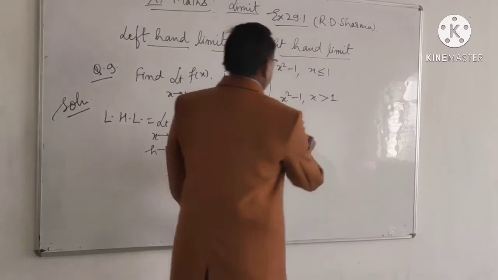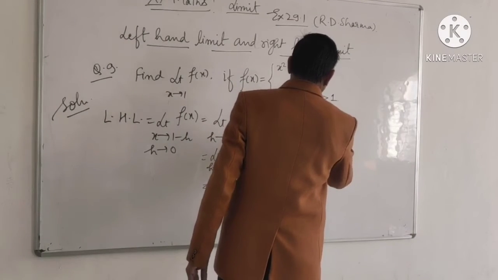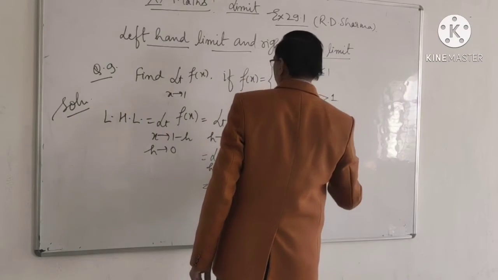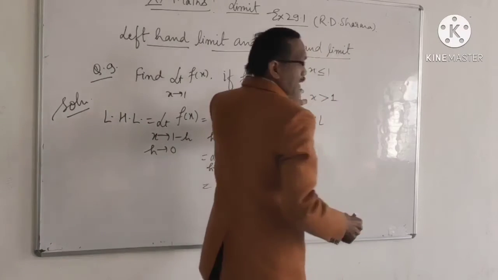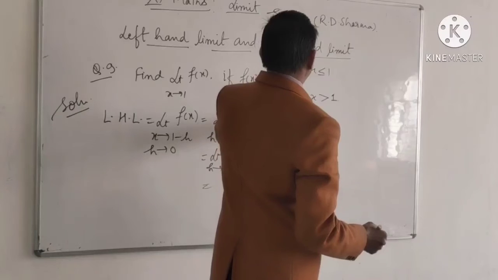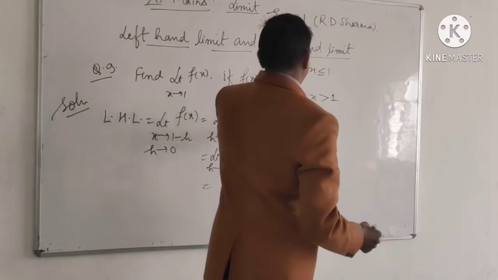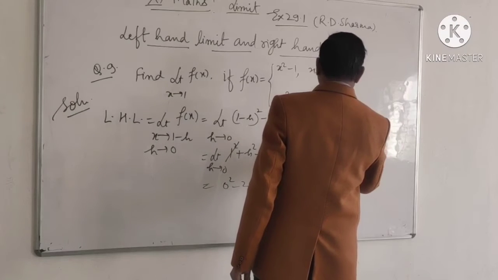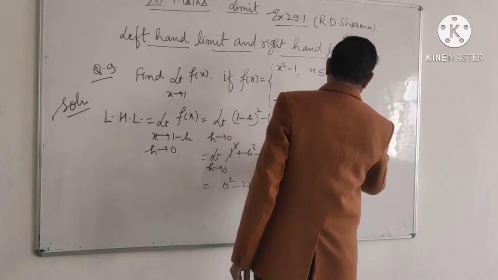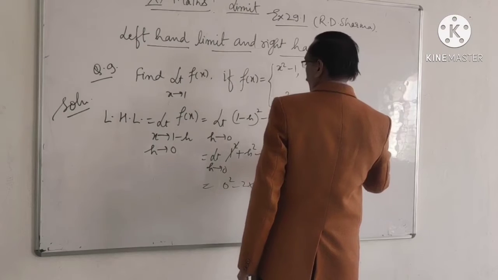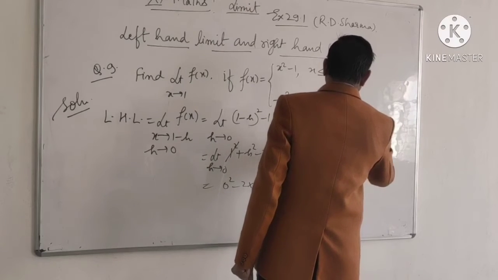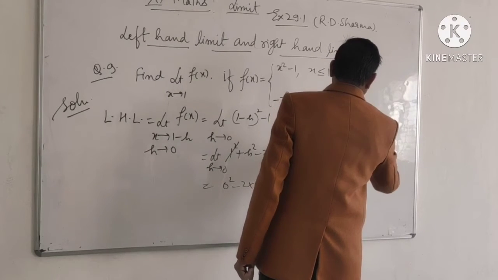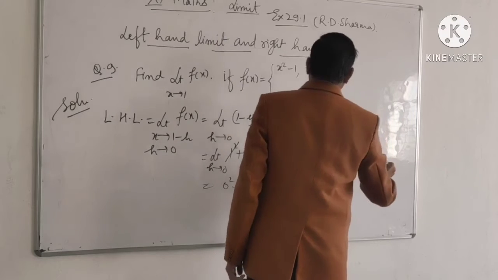Now we will find the right hand limit. When there is a right hand limit, then the function is minus x square minus 1. So it is limit x tends to 1 plus h, h tends to 0, of f(x).